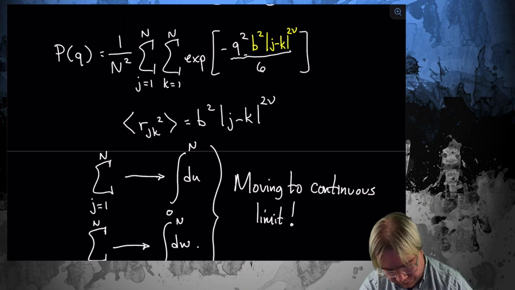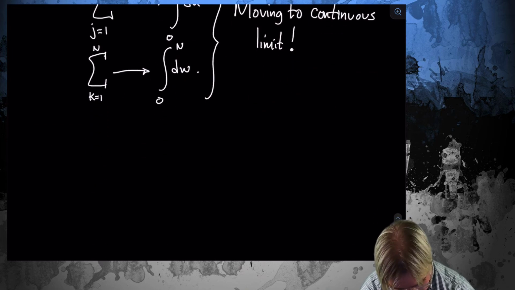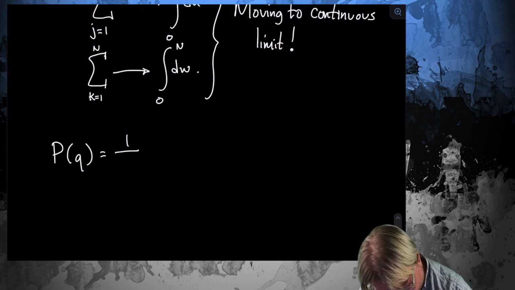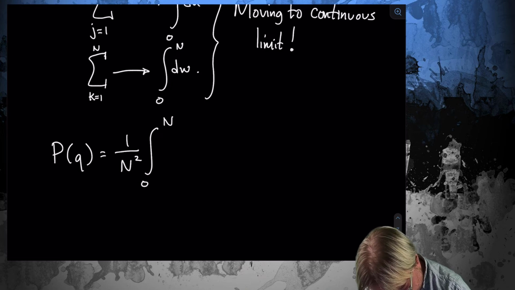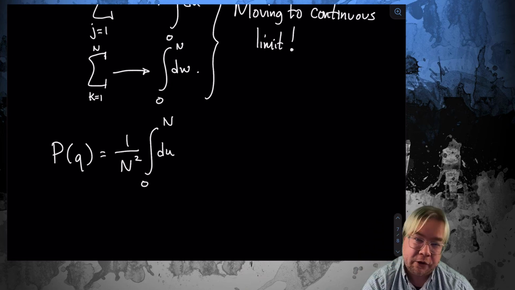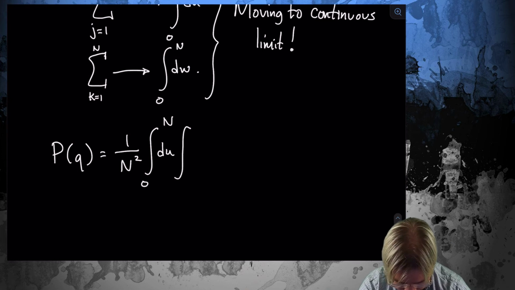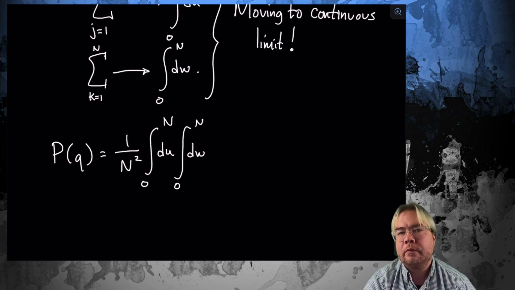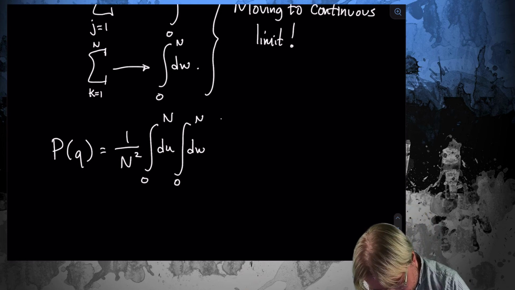So let's do that. We'll just replace these sums and we'll get that P of Q is equal to 1 over n squared, integral from 0 to n of du, integral from 0 to n dw. And now let's put in our exponential function.